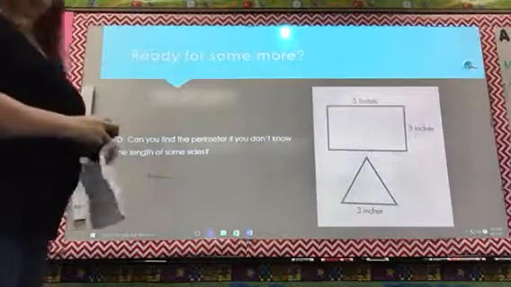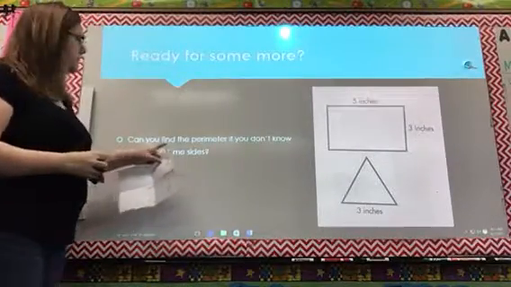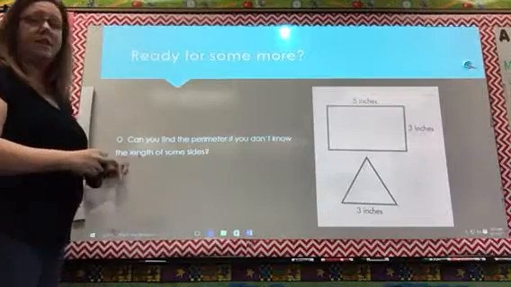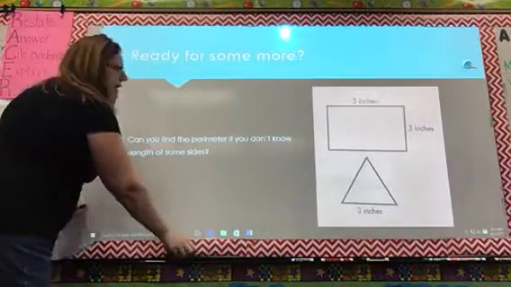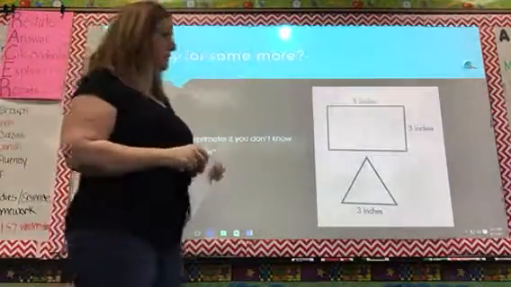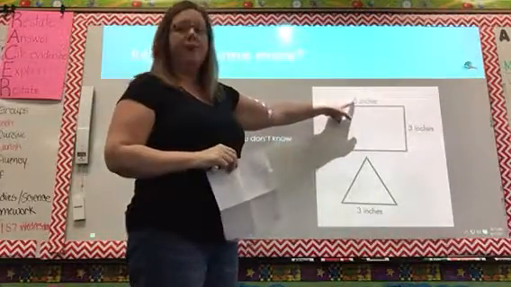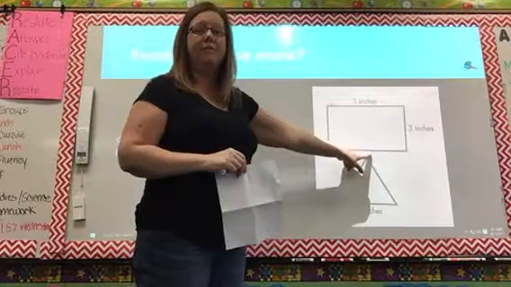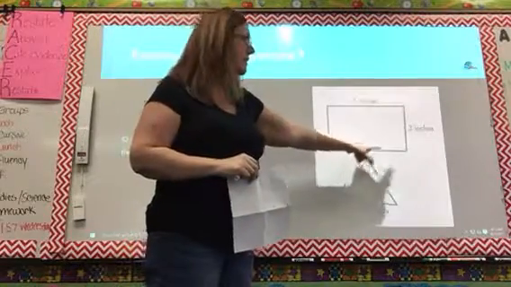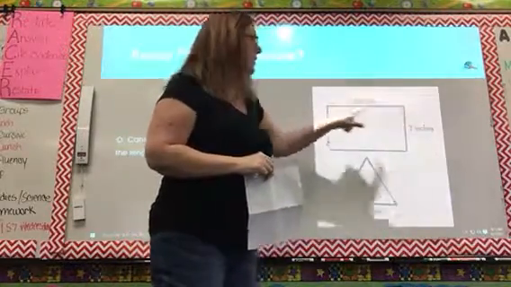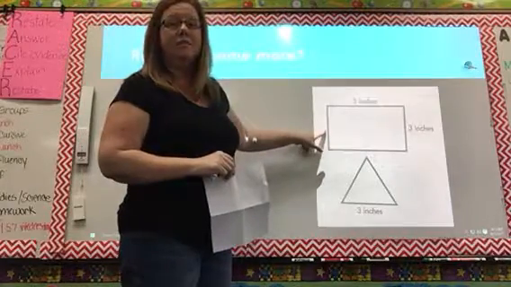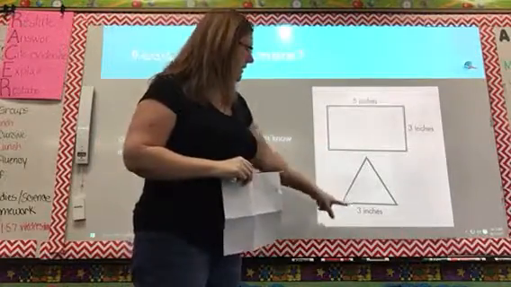All right, let's do some more. Can you find the perimeter if you don't know the length of some sides? You can, because you understand shapes. This is a rectangle. So if this side is 5, what does that side have to be? 5. If this side is 3, what does this side have to be? 3, right?